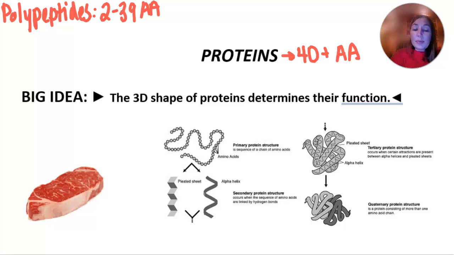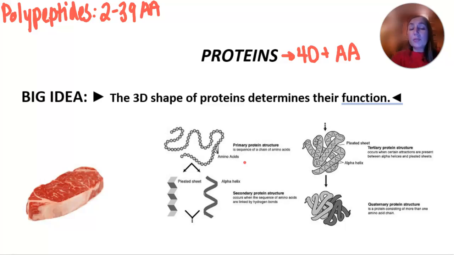So the big idea here is that the 3D shape of proteins determines their function. We have a picture of a slab of meat here, just to remind us of our protein sources, like meat and dairy.